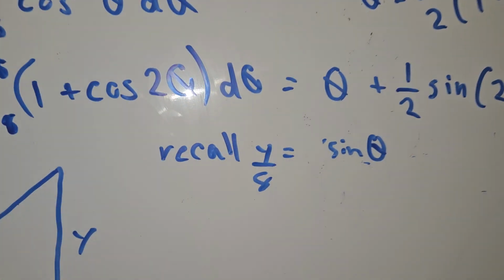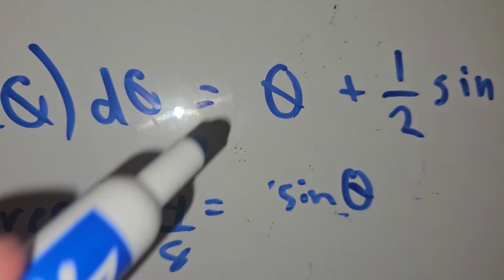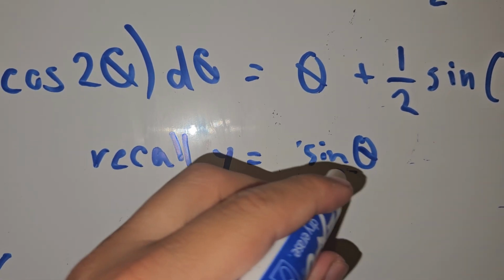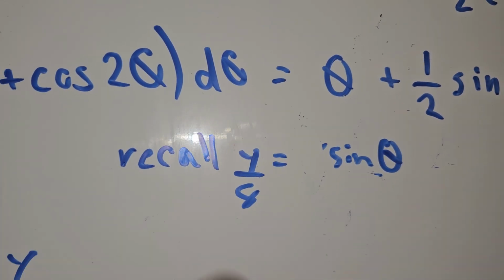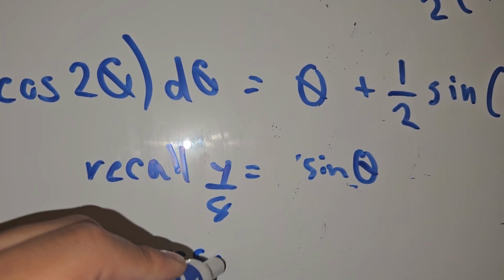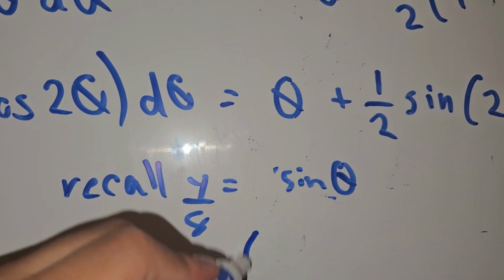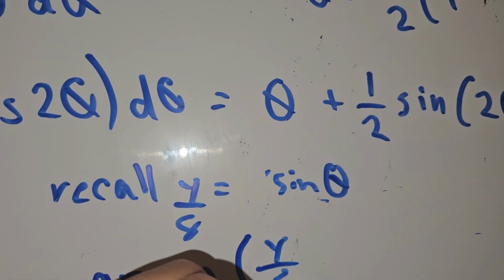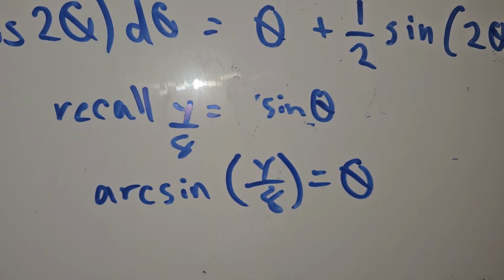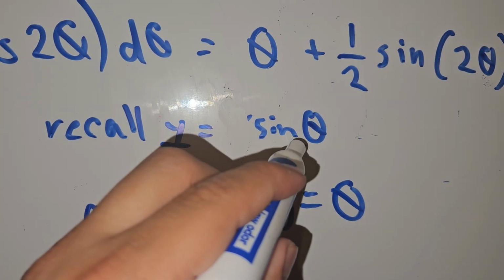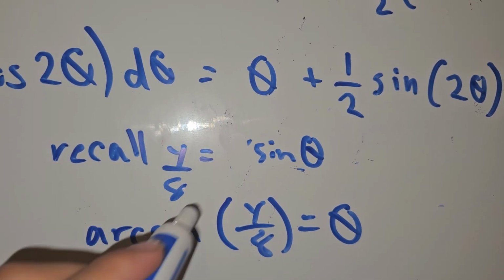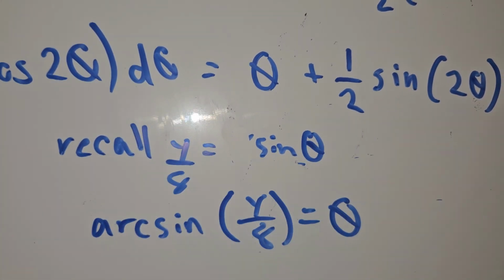So basically we have to find out what theta is. Let's take the arc sine of both sides. Arc sine of y over 8 is equal to theta, because the sine of theta is equal to y over 8, and then arc sine of y over 8 is going to equal theta.